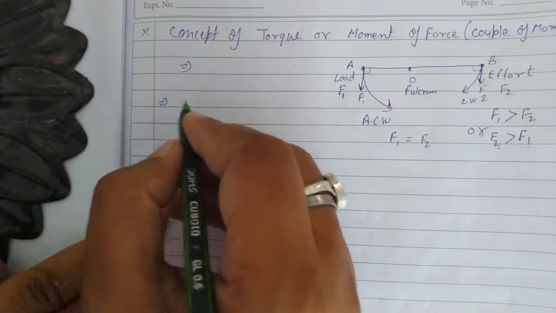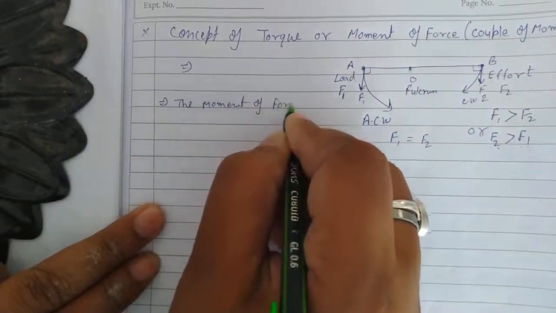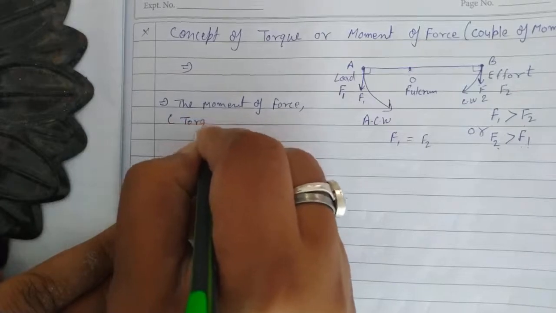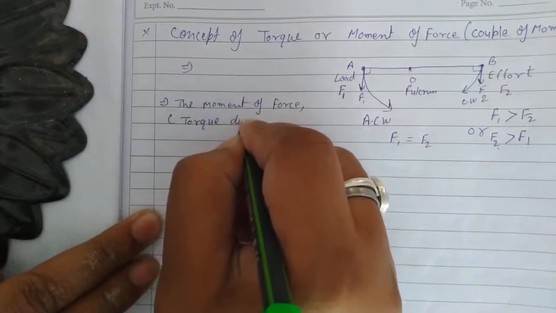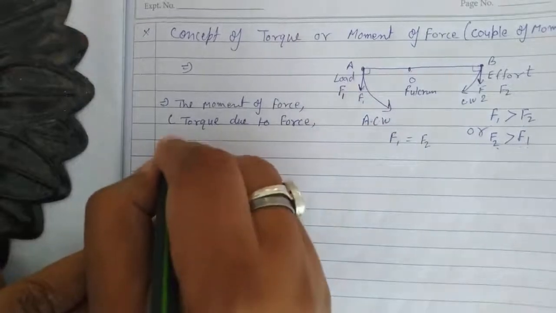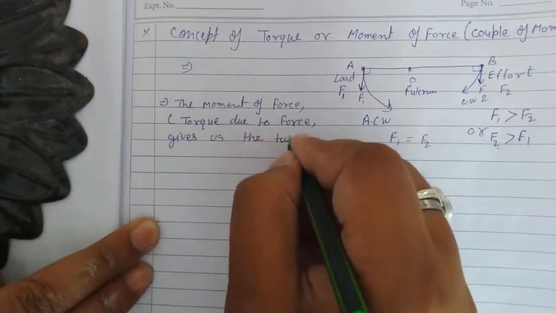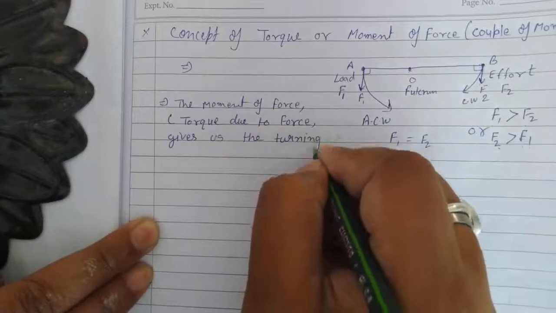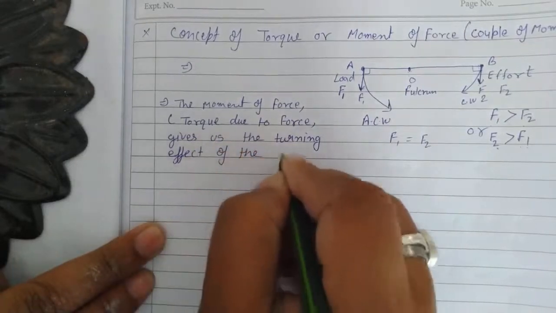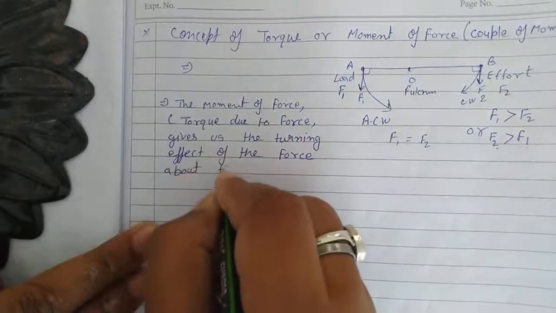So we can explain it. The moment of force, or torque due to force, gives us the turning effect of the force about the fixed point.